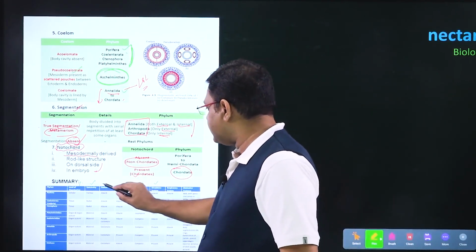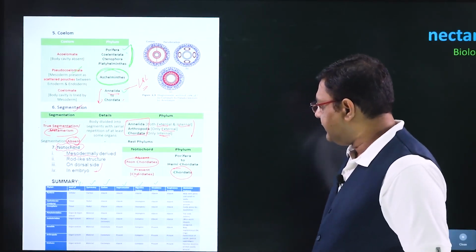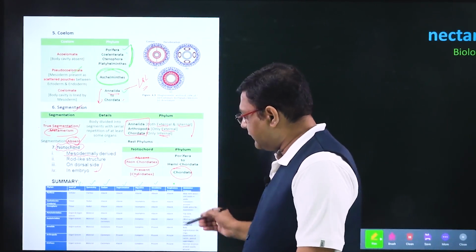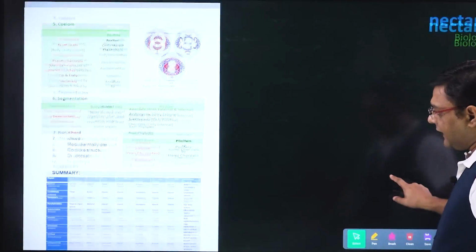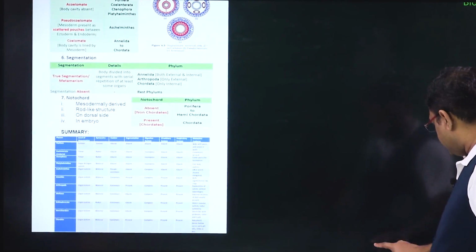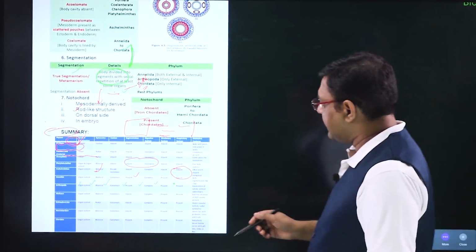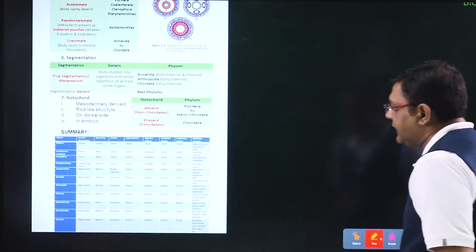Then we talked about coelom and segmentation. Now, here we see that the respiratory system is also there, so we will look into that as well. Now, in this particular table, we will start from the first character, that is level of organization.